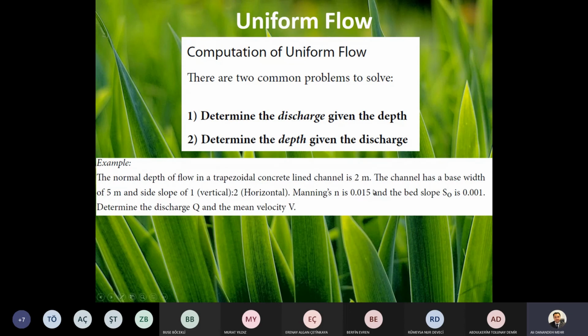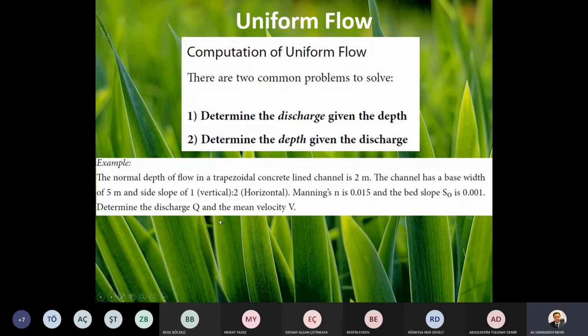Manning n is given, so I can go with the Manning formula. Bed slope is given, 0.001. Determine the discharge and mean velocity.